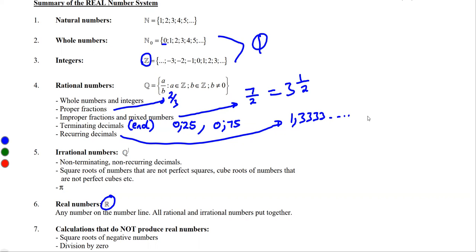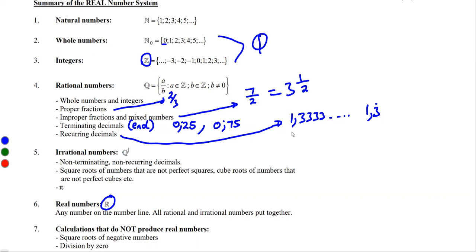But how are these represented in short? We write 1.3 with a dot on top of the 3. This indicates that the 3, 3, 3 is going to be repeating itself.